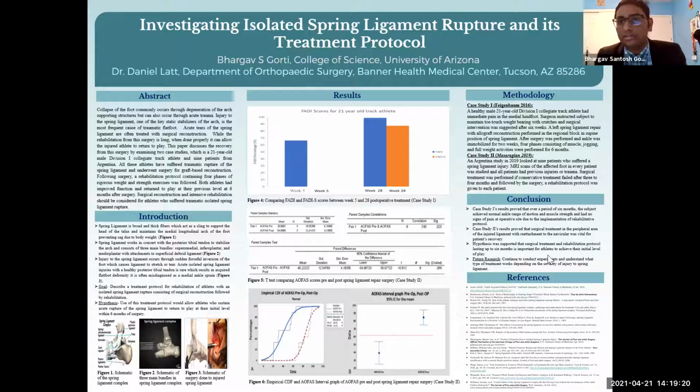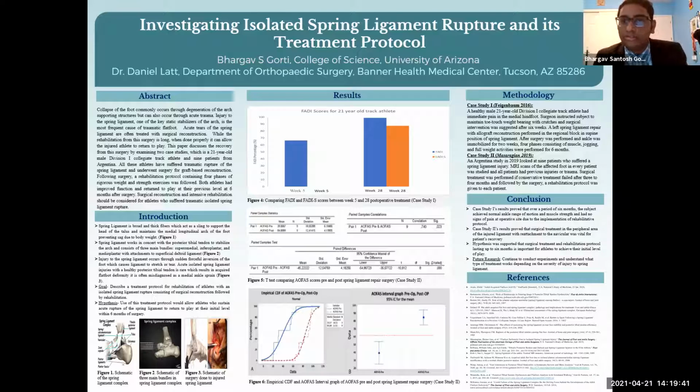The conclusions that we can come up with based on these graphs are, first, that case study number 1's result proved that over a period of 6 months, the subject achieved normal ankle range of motion and muscle strength, and no sign of pain at the operative site due to the implementation of the rehabilitative protocol.